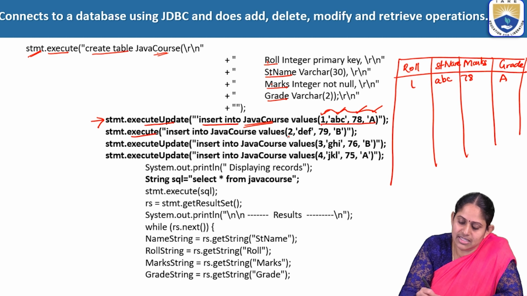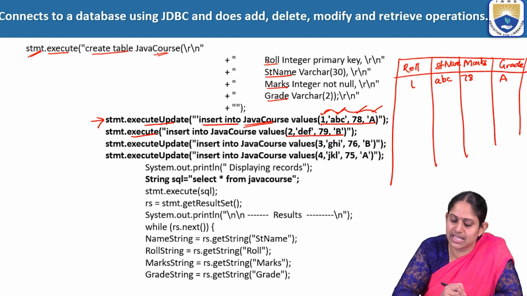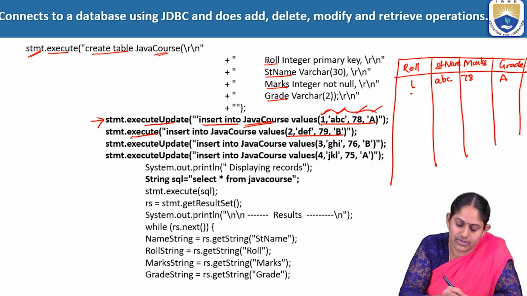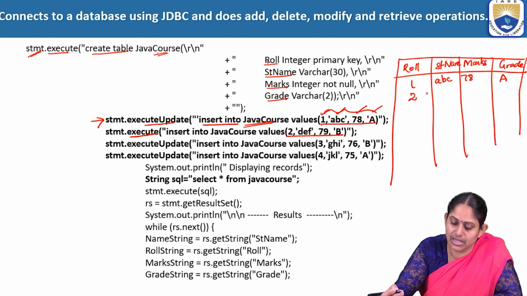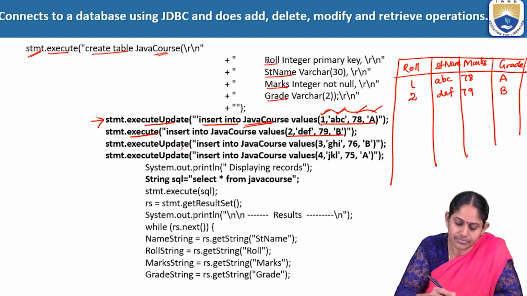Similarly, we are inserting the values 2, DEF, 79 and B into the Java course, executing that insert query using the execute method. So we get 2, DEF, 79 and B added onto the table.